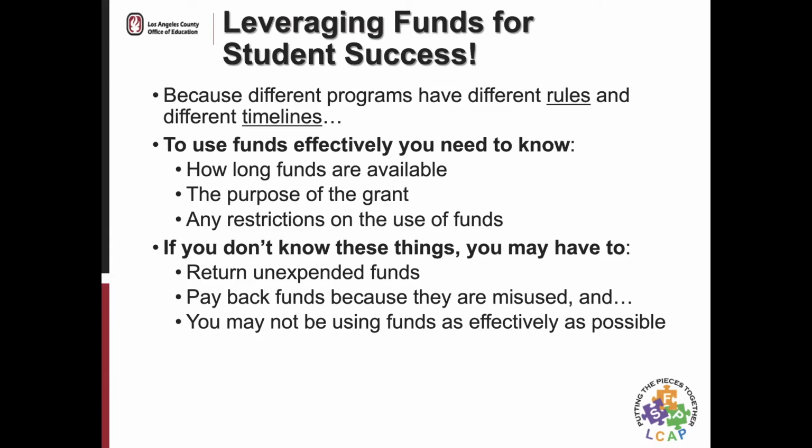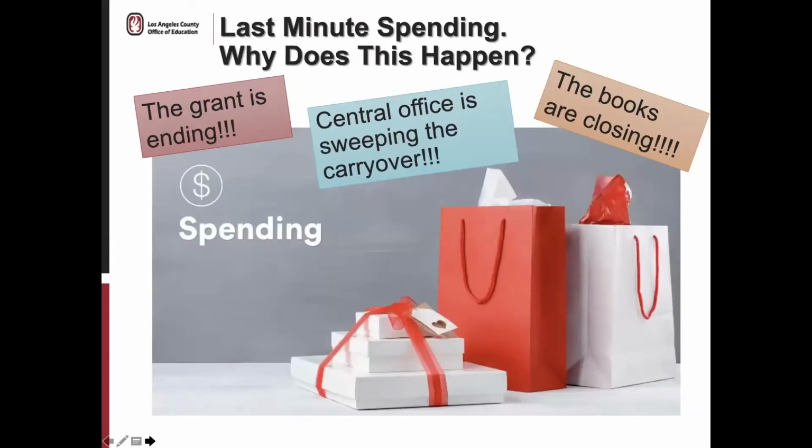If you don't know these things, several things can happen. You may have to return funds that aren't spent. You may have to pay back funds that were misused, or you may not be using funds as effectively as possible.